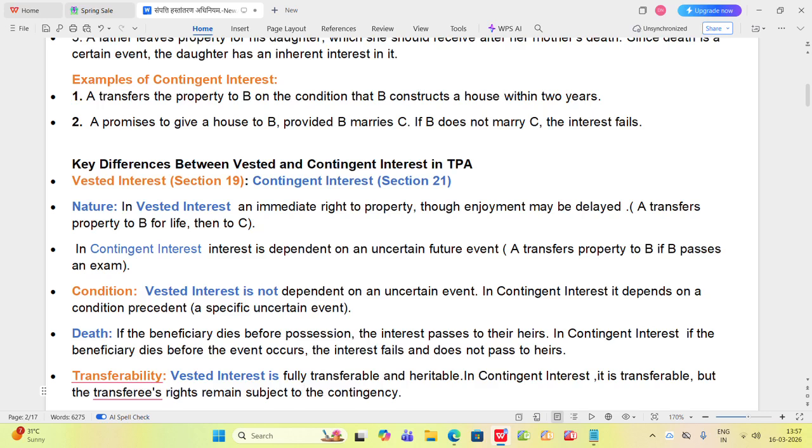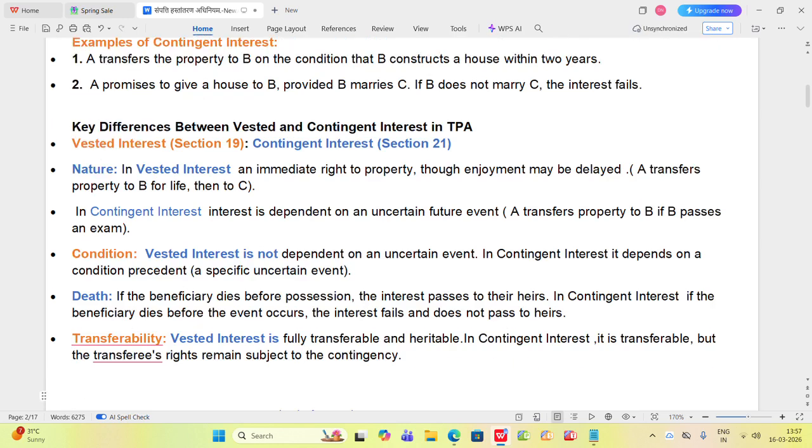Now death. Suppose the beneficiary dies before possession, the interest passes to the heirs. That is the condition in vested interest. But in contingent interest, if the beneficiary dies before the event occurs, the interest fails and does not pass to heirs.